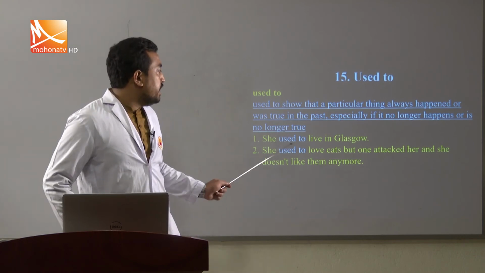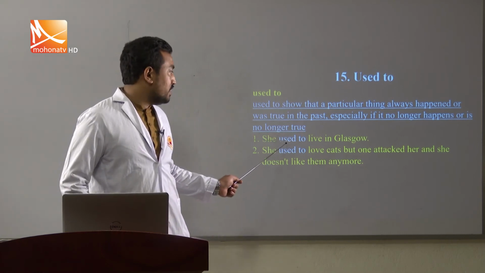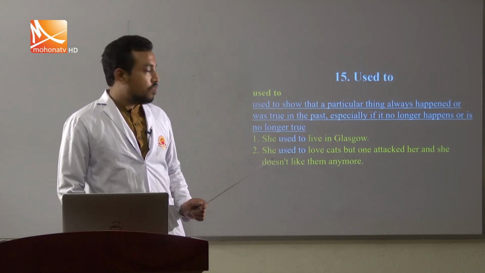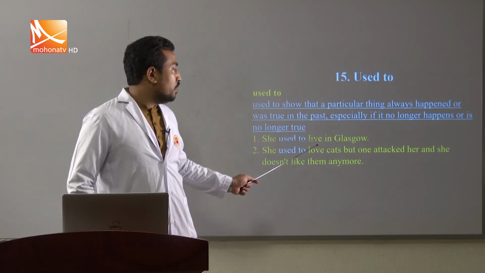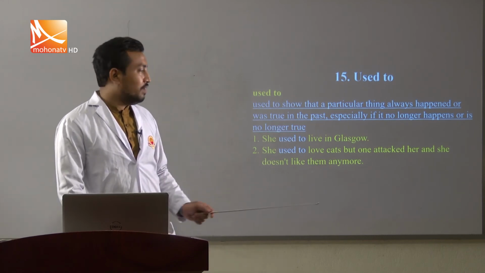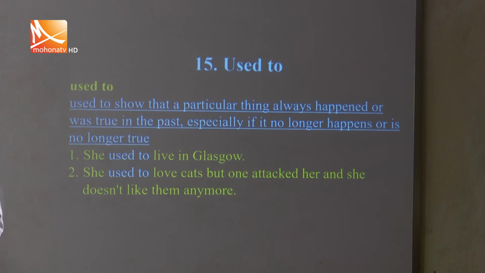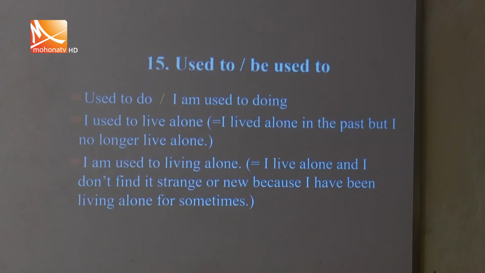He used to live in Glasgow. So, now he doesn't live in Glasgow. She used to love cats, but one attacked her and she doesn't like them anymore. So, right now she doesn't like cats because of an earlier experience. Okay?